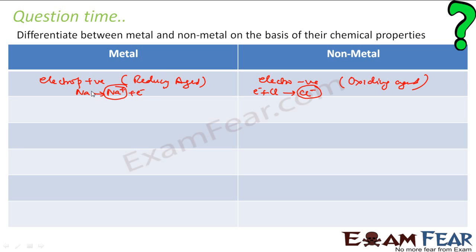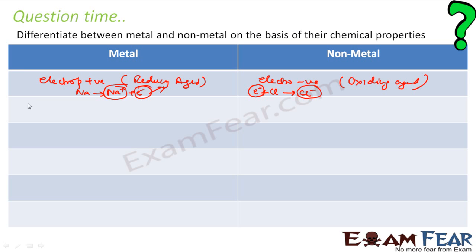It will lose one electron, and the extra electron will be given to someone else and that one will be reduced. This one is an oxidizing agent because it needs an electron. It will take an electron from someone else and that one will become oxidized, correct?